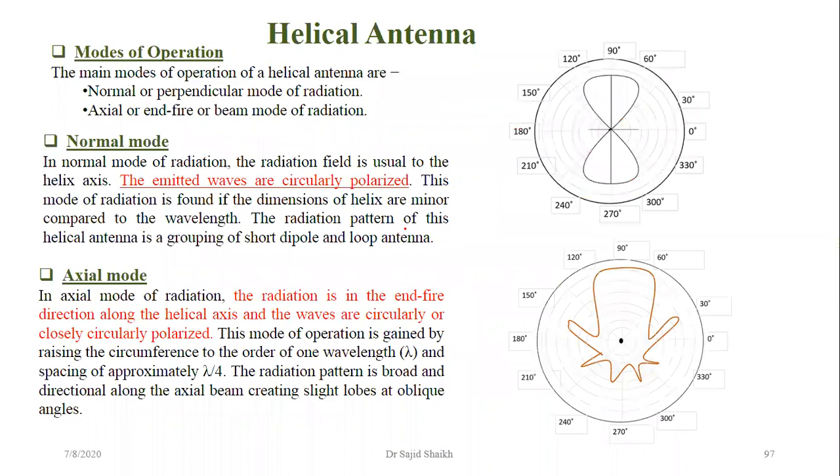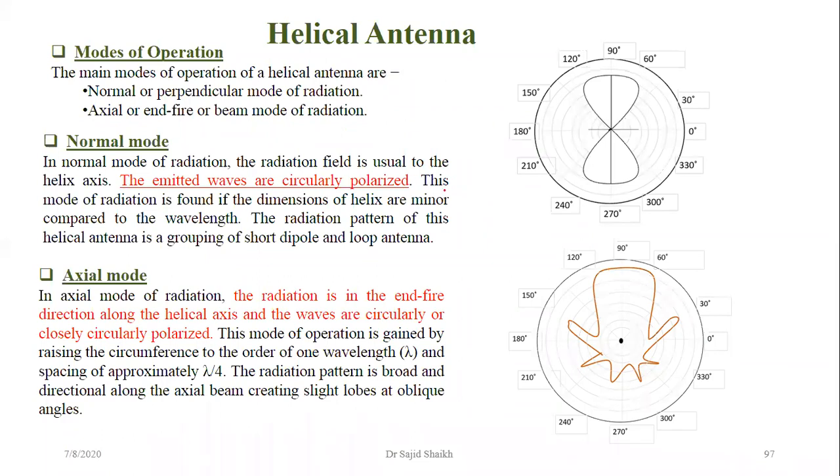Okay. Now, the operating modes of this one: here we have two operating modes. The first one is the normal operating mode. The second one is the axial operating mode. What you have to understand is that the operating mode is nothing but how this antenna radiates the energy.